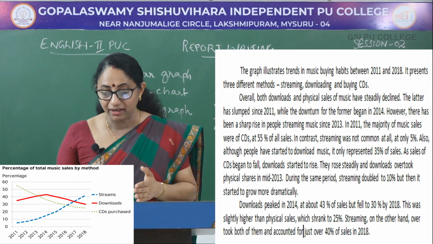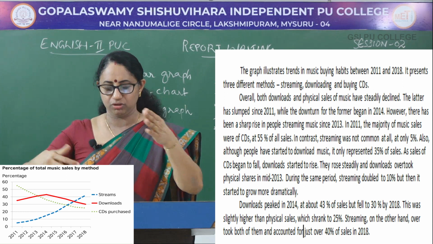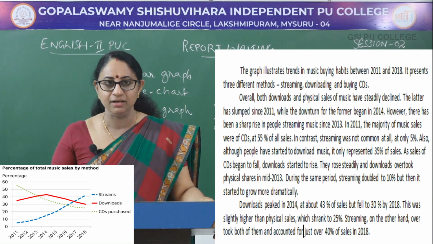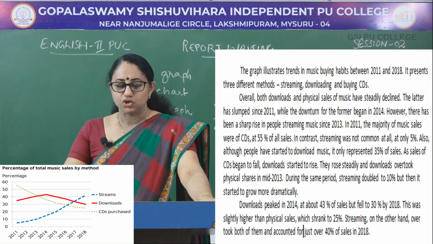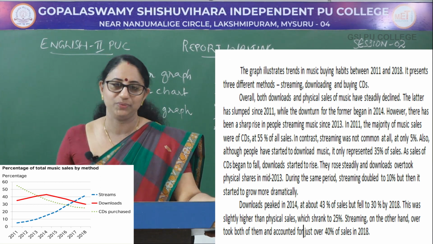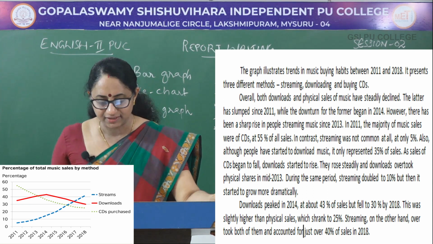So this is what we find with respect to download. There was a rise initially, and then from 2014 there is a decline in the sales of downloads. So it's just that the streaming was on the rise.